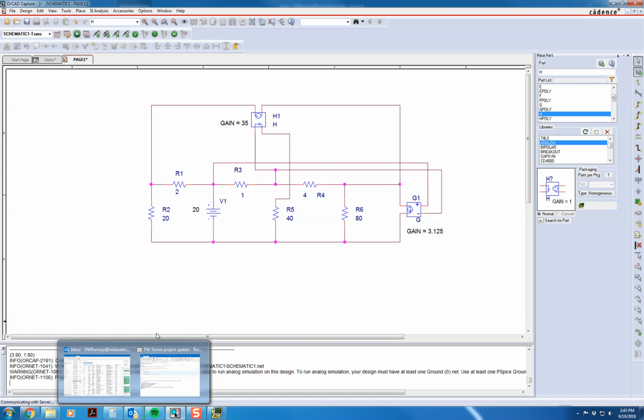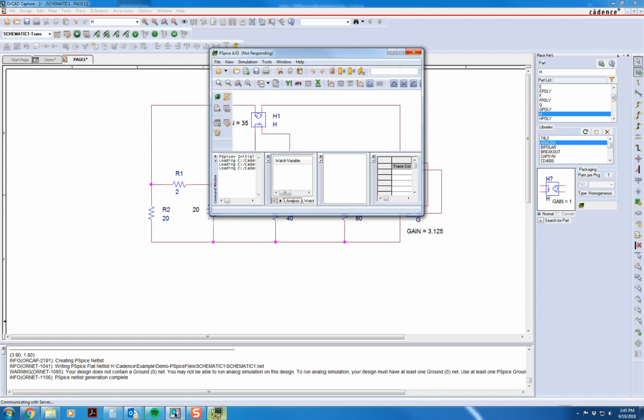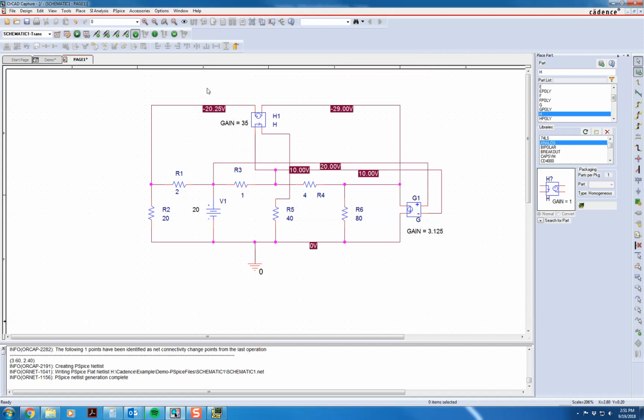Yeah, that's the 20-volt power supply here. But notice that you can now figure out what the voltage on this dependent voltage source is, because we've got negative 20.25 on here, negative 29 over here. Taking a difference of those would get you a positive 8.7 volts for this voltage supply.